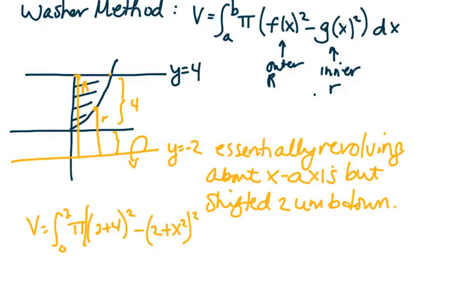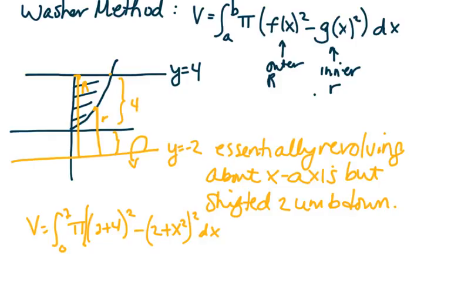So you've got this inner and outer radius that you need to account for. This is how the integral is set up using the washer method when you're shifted off the major axes.